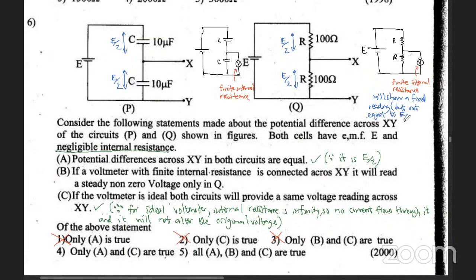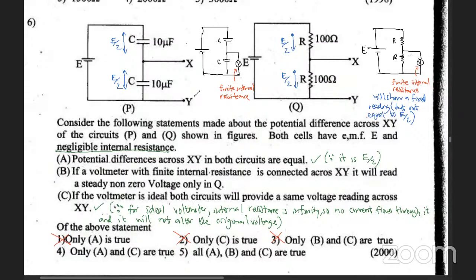Why is that, people? Why will it not be equal to E by 2? Because this voltmeter also has a resistance now. So when I shrink them, this is not R, it will be less than R, a different value. This will not show a steady reading. Can someone tell me why?